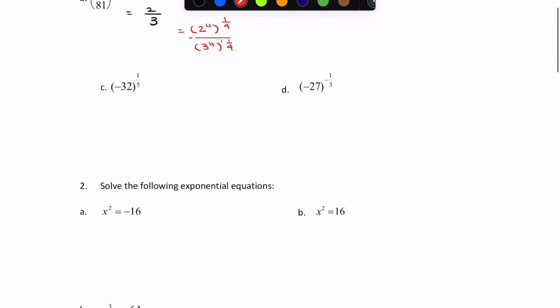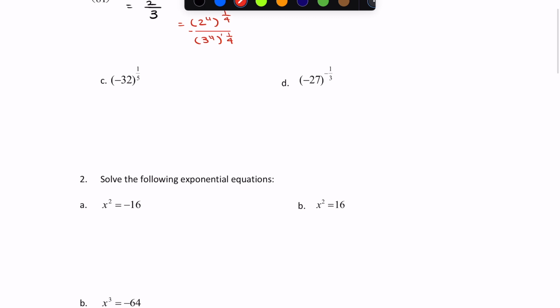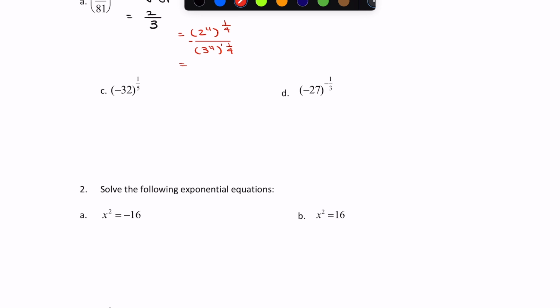Using our exponent rules, 4 times 1 over 4 is equal to 1. So we can write it as 2 to the power of 1 over 3 to the power of 1, which also gives us 2 over 3.